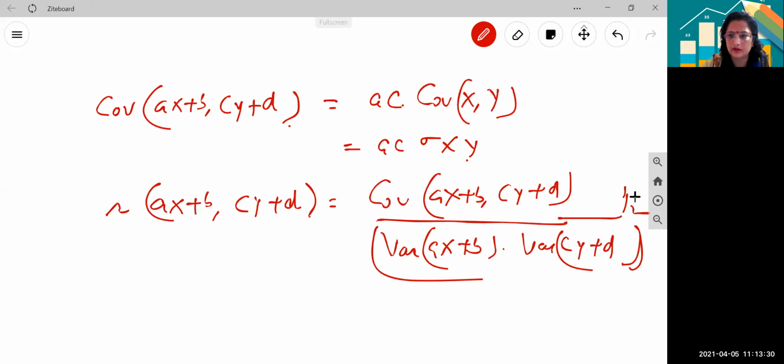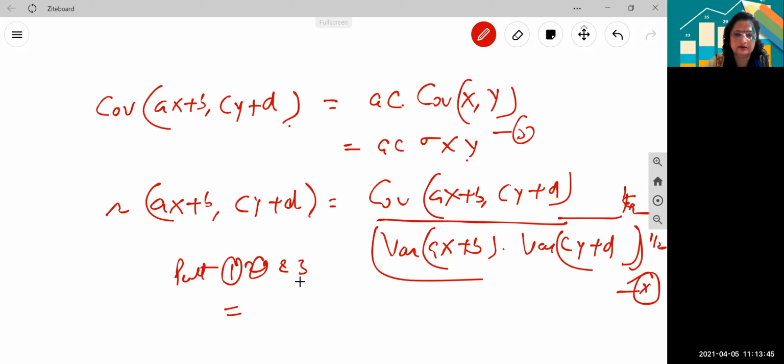The 1 by 2 is below, not above. Let it be number 3. Substitute all the values 1, 2 and 3 in star.